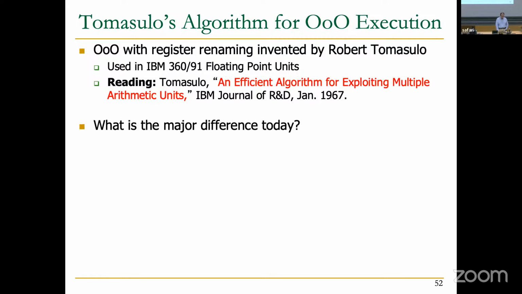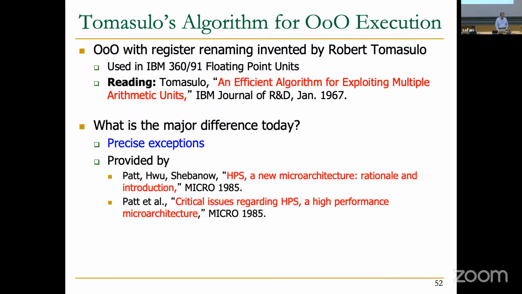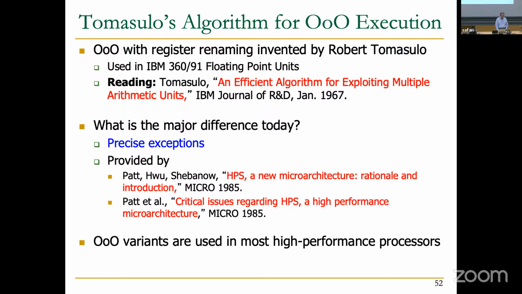But what Tomasulo and the people in those days at IBM hadn't provided was precise exceptions. They don't have this reorder buffer, and as a result, they don't have a precise exception handler. Later on, people added precise exceptions in later works, and that made it more useful.